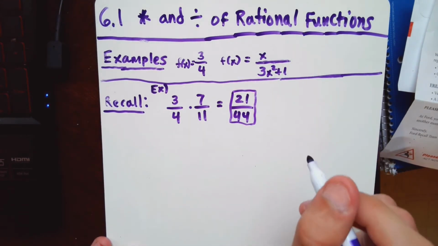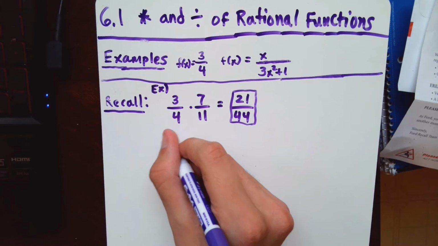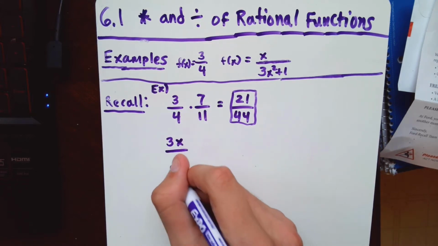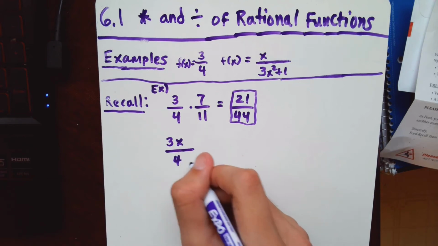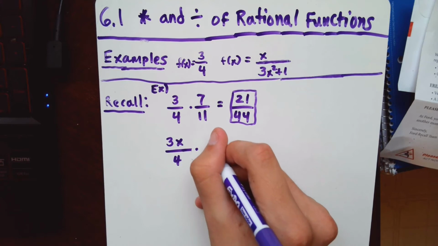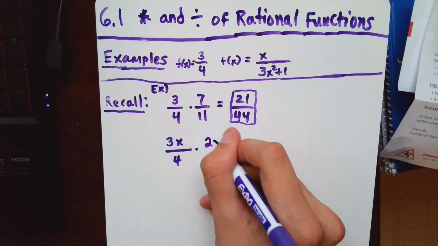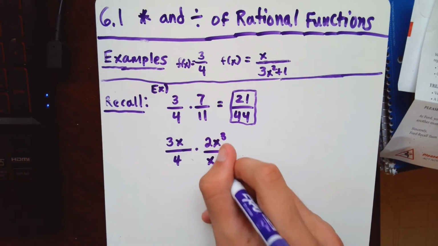It's going to be the same idea with rational functions. Let's suppose that we have 3x over 4 times 2x cubed over x plus 1.